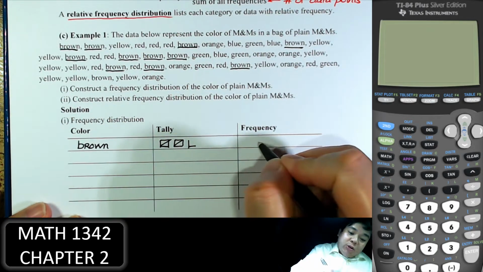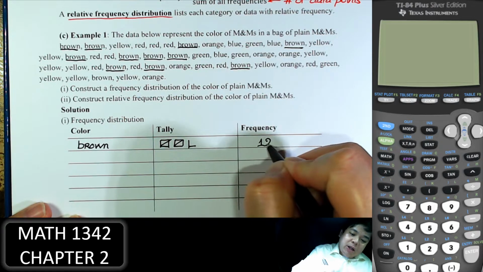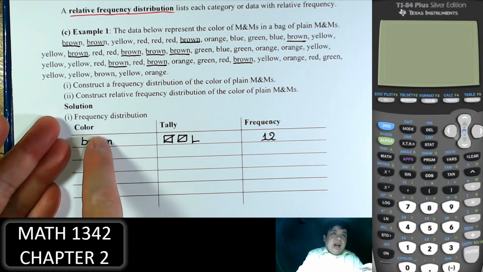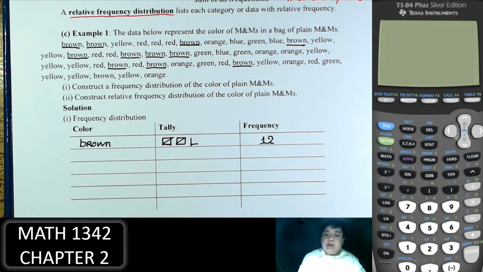So brown occurred 12 times. We don't have to tally that. The thing is just the categories and how many times we have for each category.